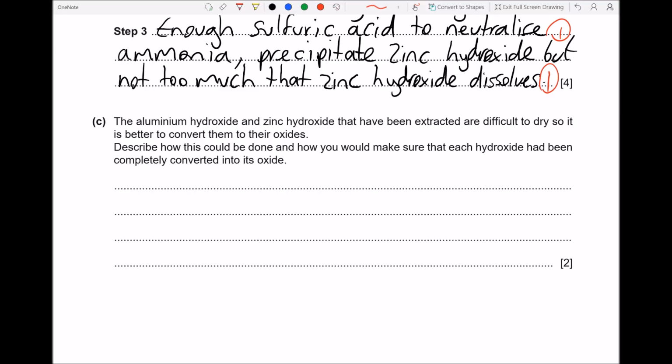So you need to heat it for a reasonable amount of time, but it is important that you keep weighing, otherwise you'll never know if all of it's been converted. So yeah, so that's what we're going to put.